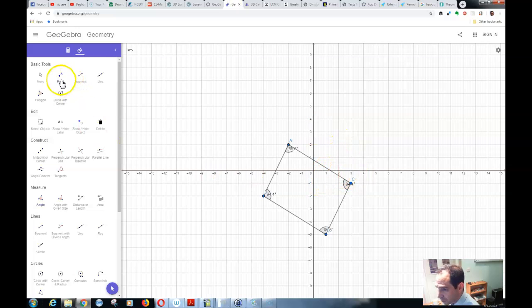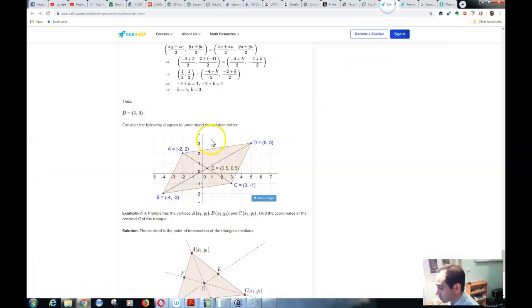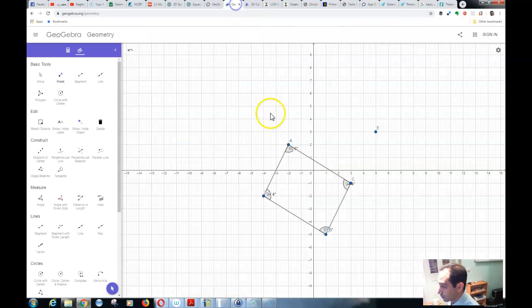Now if I put a point over here, 5, 3, and they have connected this way, negative 2, 2 to 5, 3, so that way.